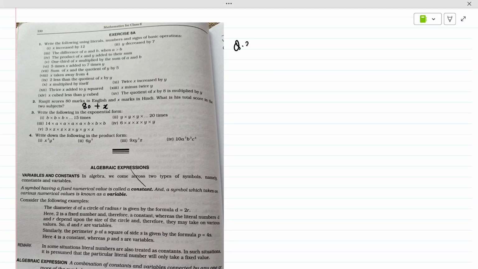Now let's go to question number 3. First part, it says B into B into B, multiply this 15 times and we have to write it in the exponential form. Okay.